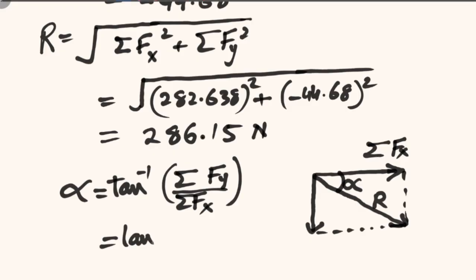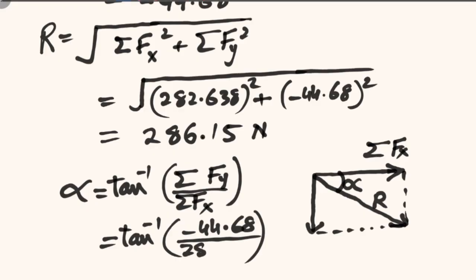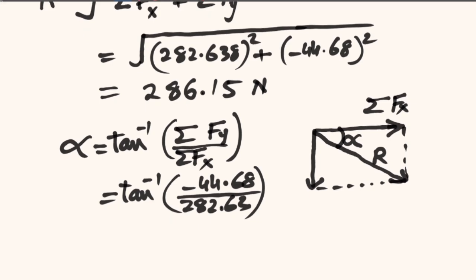So we get this as tan inverse of minus 44.68 divided by 282.63. And when we calculate this value, we get this equal to minus 8.97 degree.